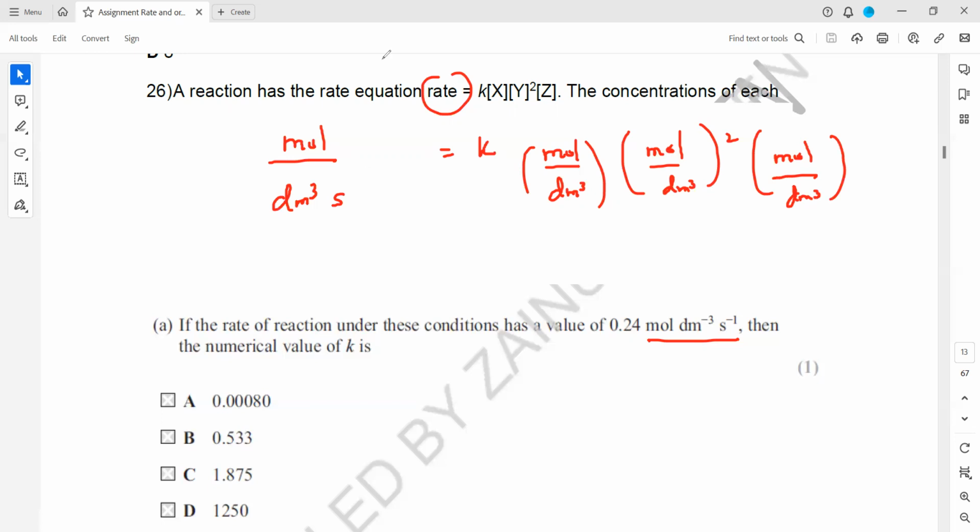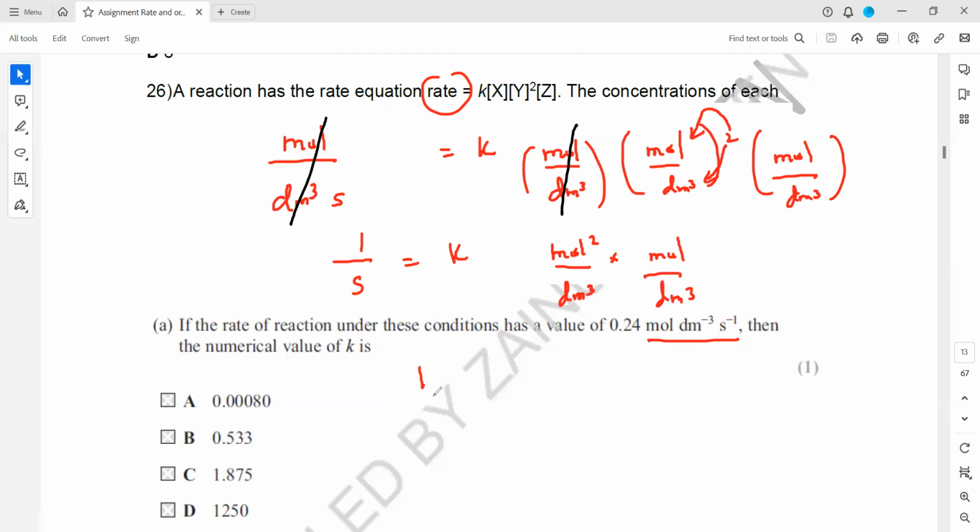When we solve, the moles per decimeter cube of the rate will cancel with one moles per decimeter cube, so we are left with 1 over second, and this one is K. The square multiplied with mole and dm cube becomes mole square and dm cube 6, times moles divided by dm cube. When we further simplify, it is 1 over second equals K.